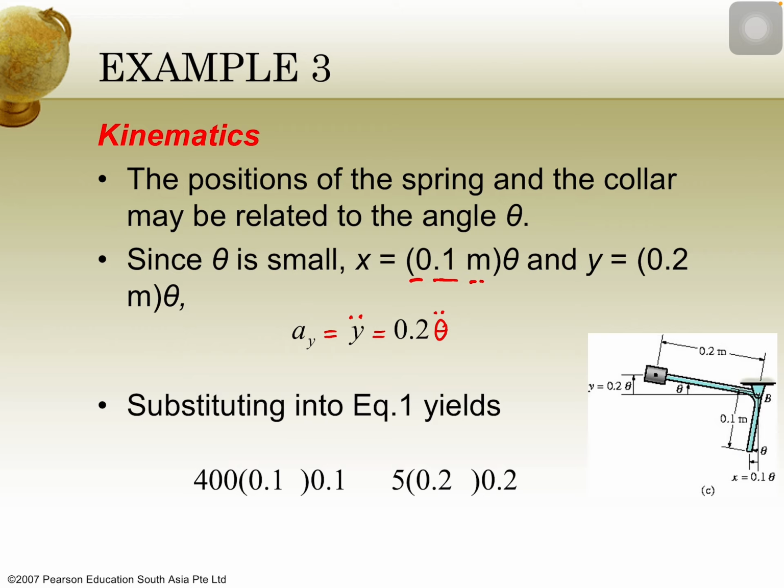Why do we get this equation? X is equal to 0.1 m theta. For example, we consider this triangle. This is theta. We want to measure this length, and we know this length is 0.2. So this length, we call it y.